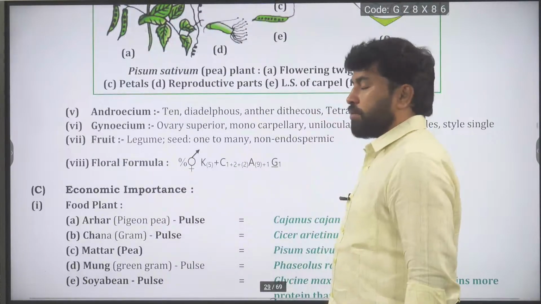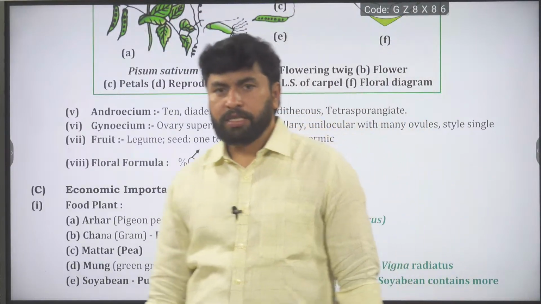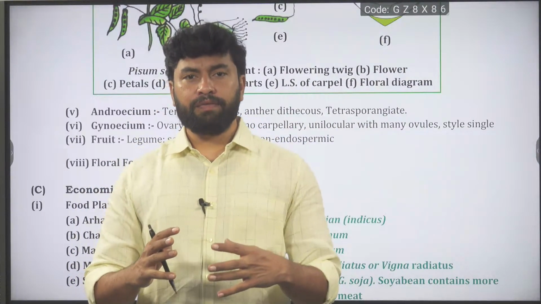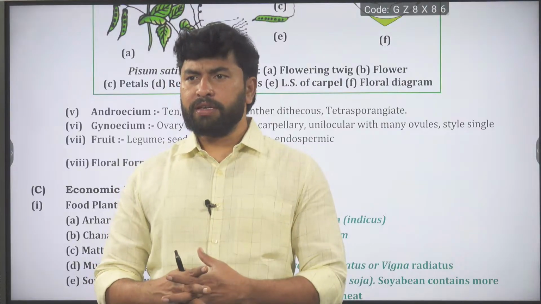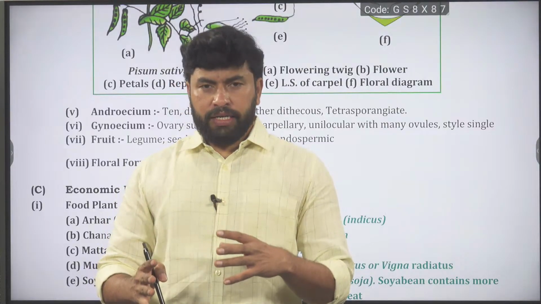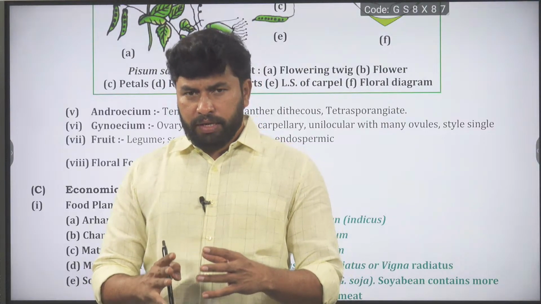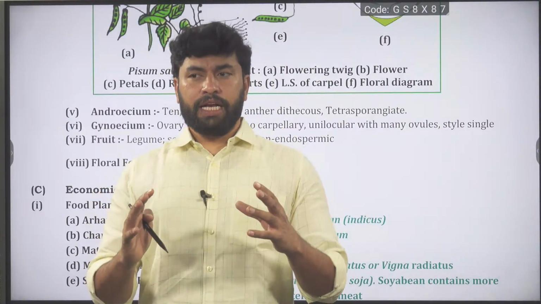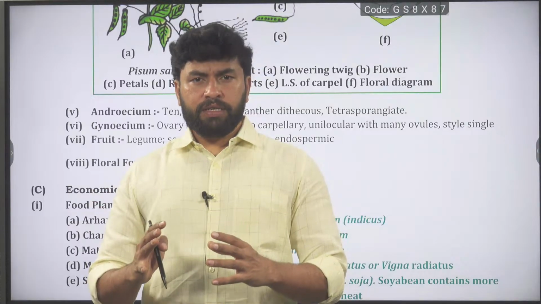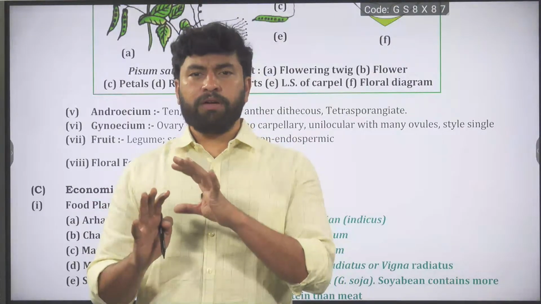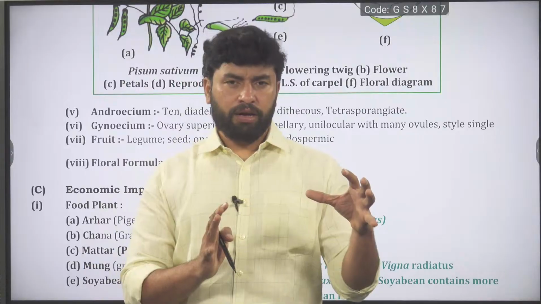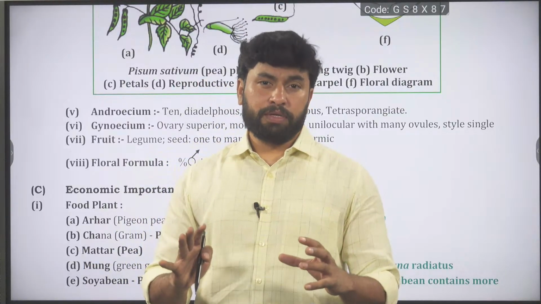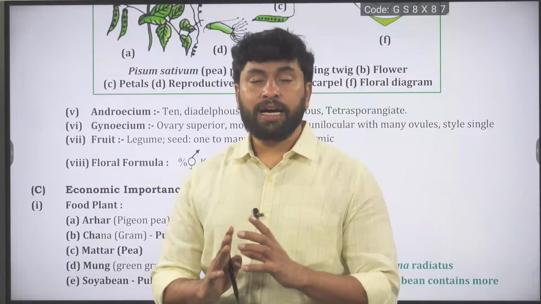Next one. About the androecium, you need to remember they have a condition called diadelphy. What do you mean by diadelphy? Stamens united only with respect to their filaments. When filaments are fused, the condition is called adelphy. While fusing, stamens fuse in the form of 2 bundles, one large bundle and another small bundle in case of Fabaceae members. This stamen is called diadelphous.